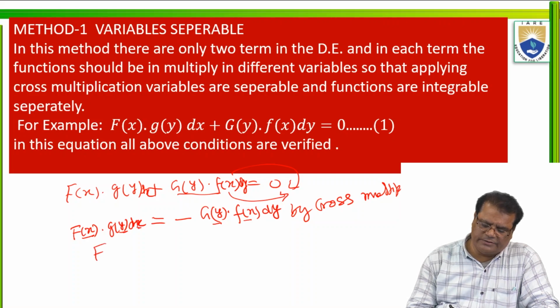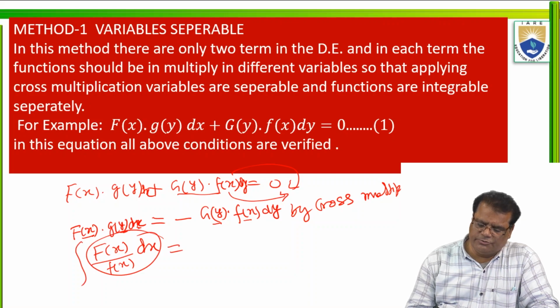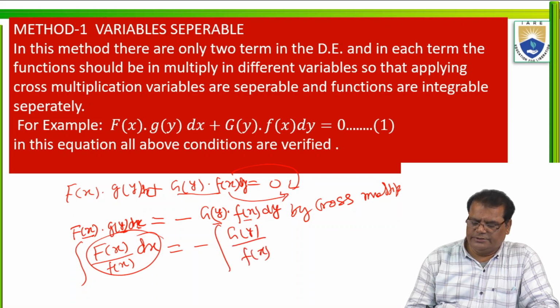So here is F(x) upon f(x), small f(x). I am writing this dx. So this part is integrable, we integrate this. And this equals minus, here is G(y) upon g(y), integrating this dy. This is small g(y).